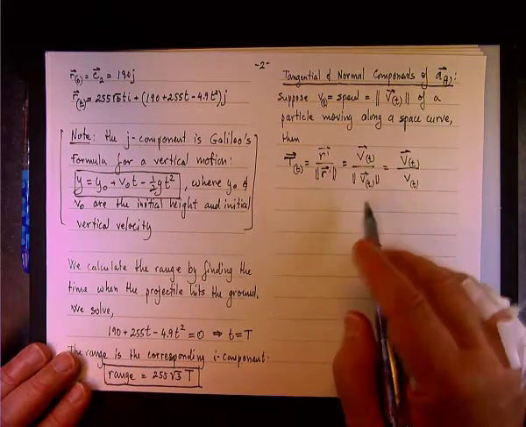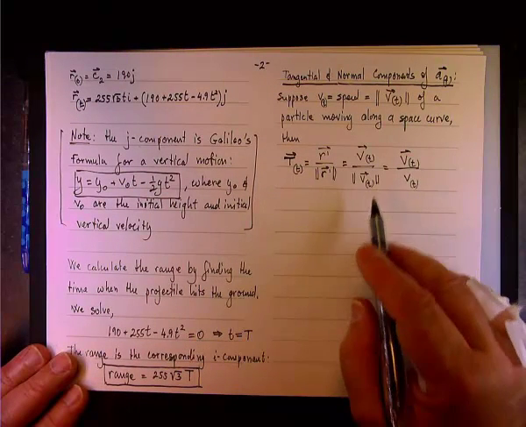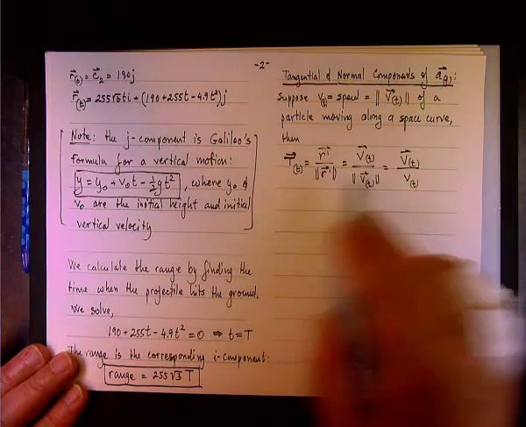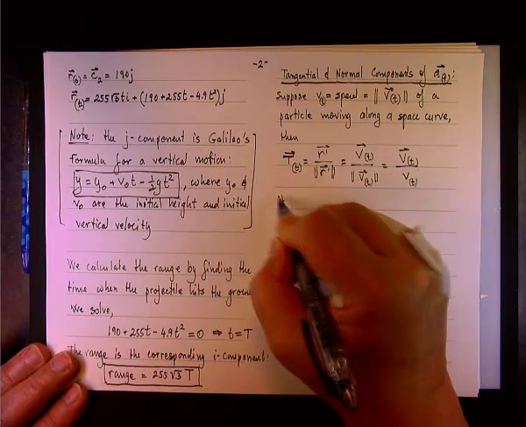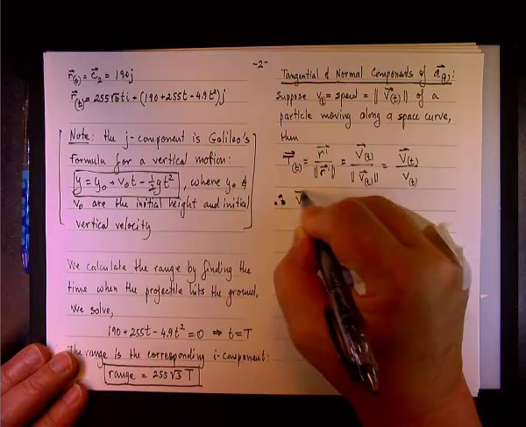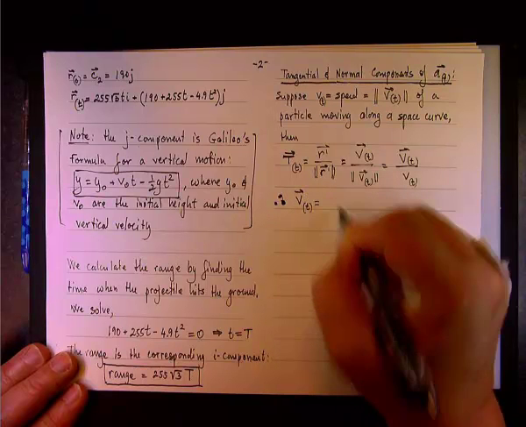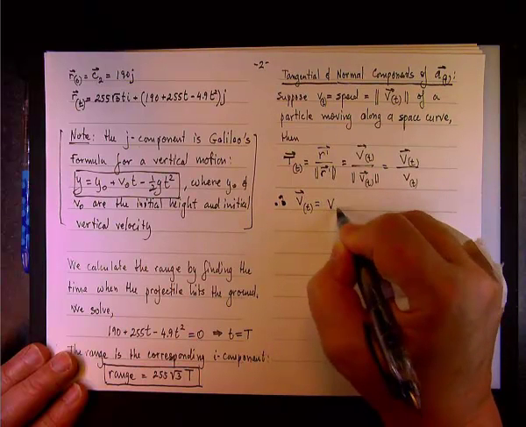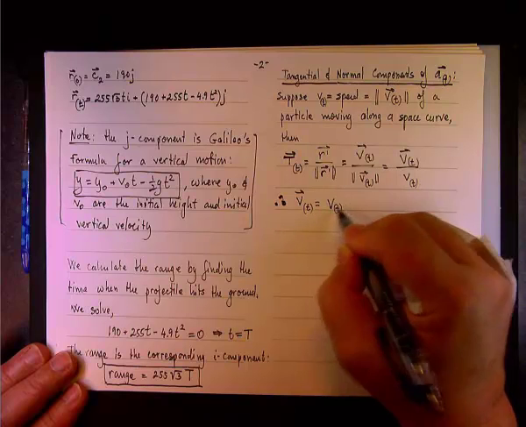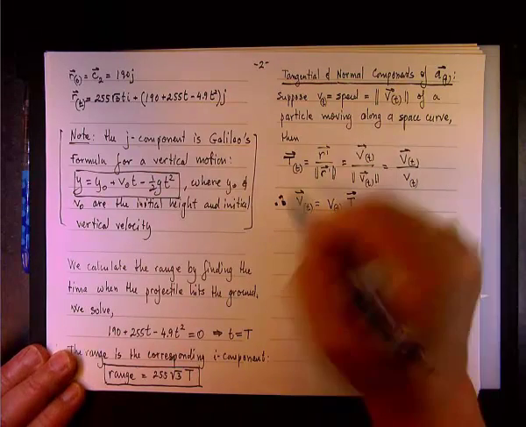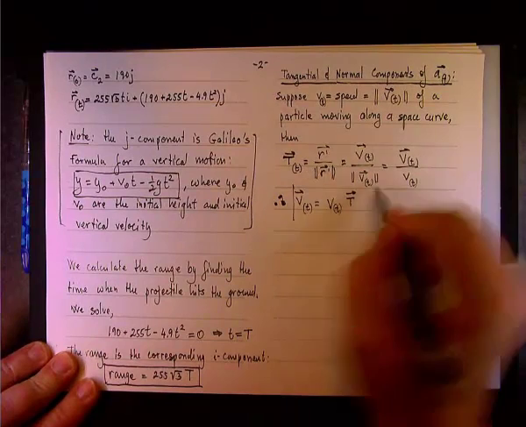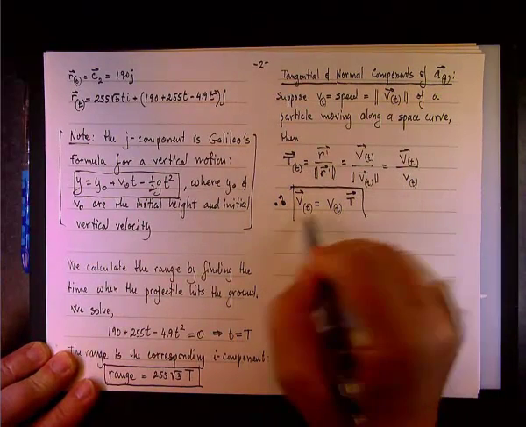So what we have here is the magnitude of the velocity. We just define the magnitude of the velocity as V, and this is V of t. Notice the difference: this is V without a vector notation, so it's the magnitude.